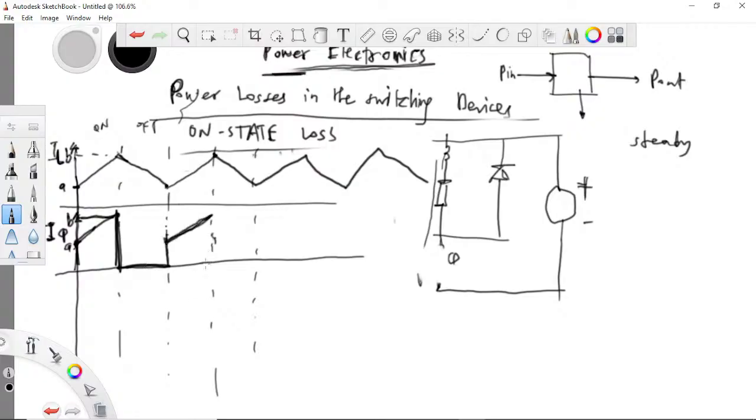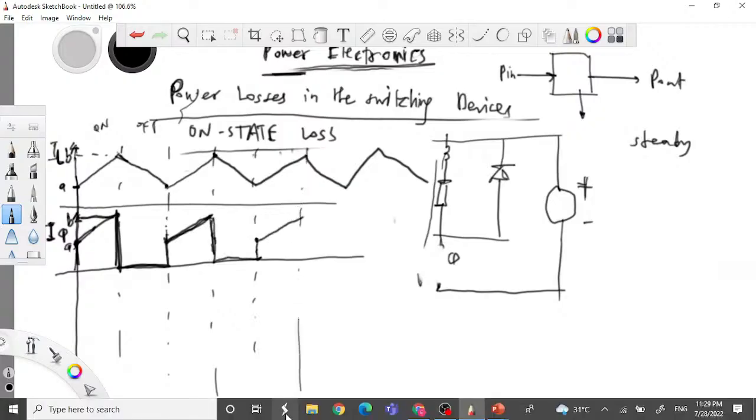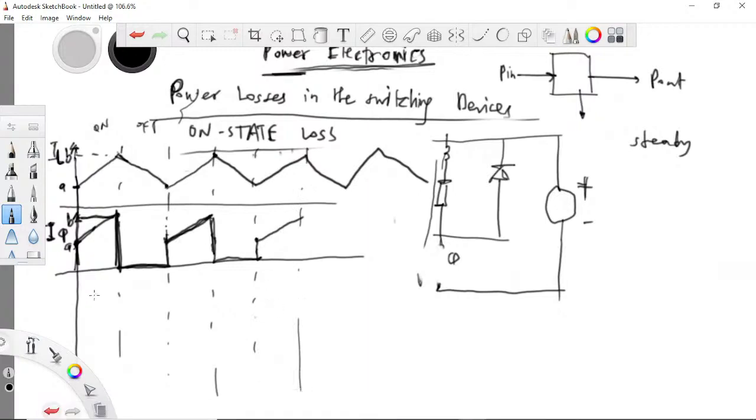Like this: it goes off, current in the switch goes to zero, it comes on, it picks up the current through the inductor. Beautiful.